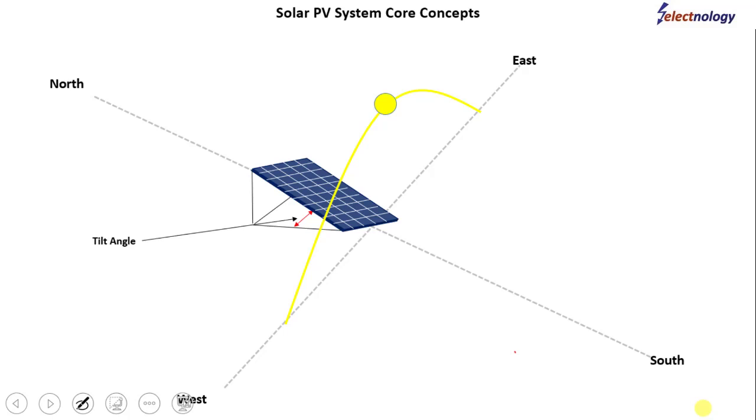In this case the solar panel is able to receive more sunlight as compared to the winter season, so the panel shall produce more power. Hence the angles of the solar panel and the sun in combination with each other are very important for how much power the solar panel shall produce.